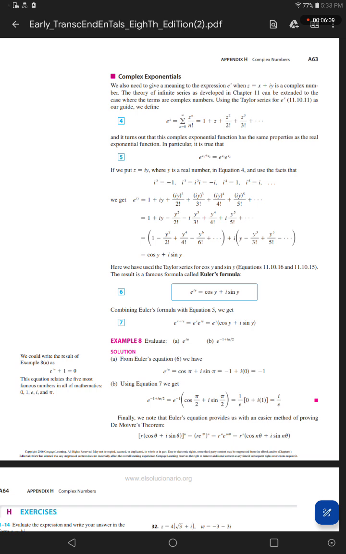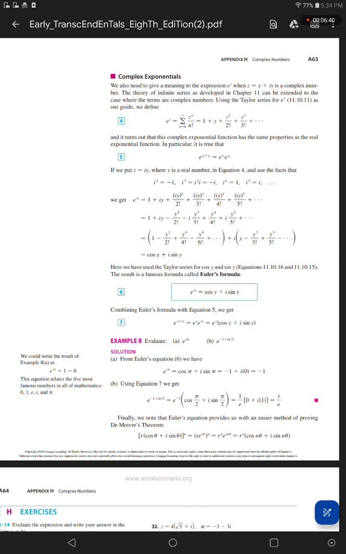Part (b), using equation 7, we get e to the power negative 1 plus i pi over 2 equals e to the power negative 1 (cosine pi over 2 plus i sine pi over 2) equals 1 over e times (0 plus 1(i)) equals i over e.